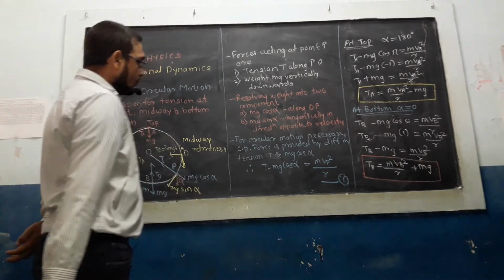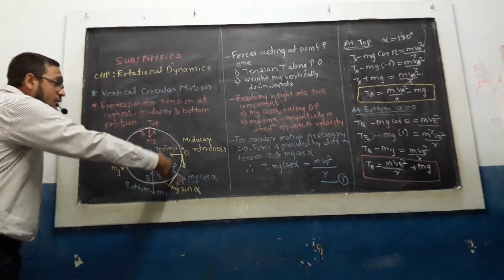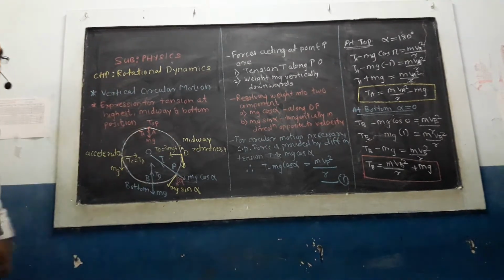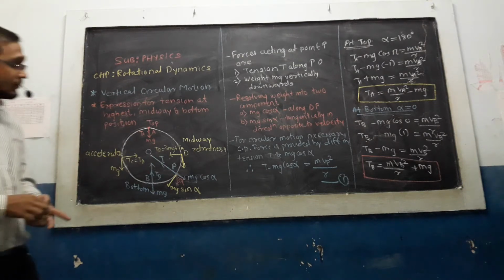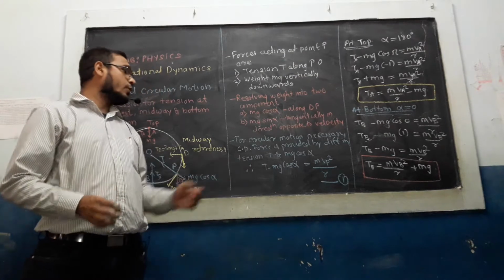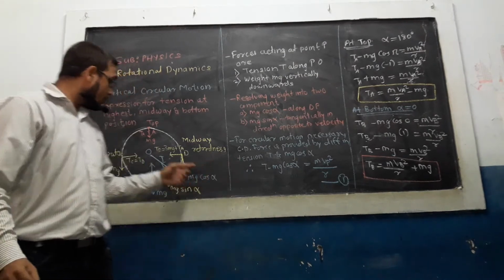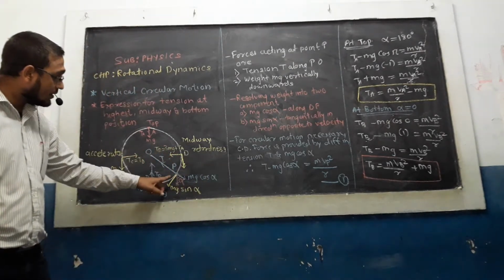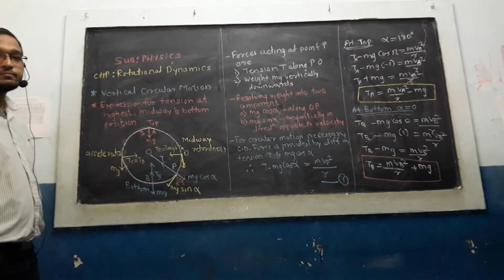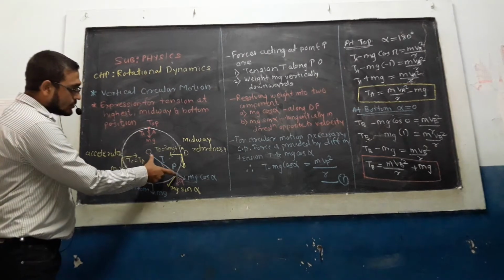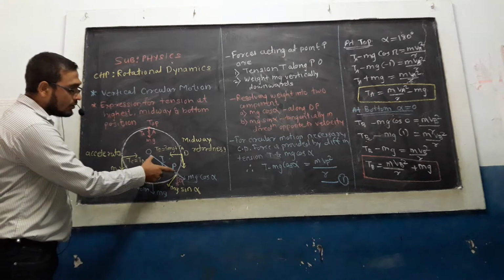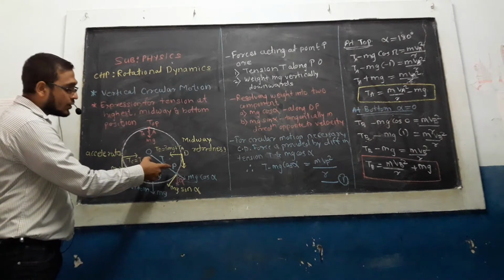Now as the particle is performing circular motion, what is required? Centripetal force, and that centripetal force is provided by what? The difference between the tension and mg cos alpha. Centripetal force acts along the radius towards the center.